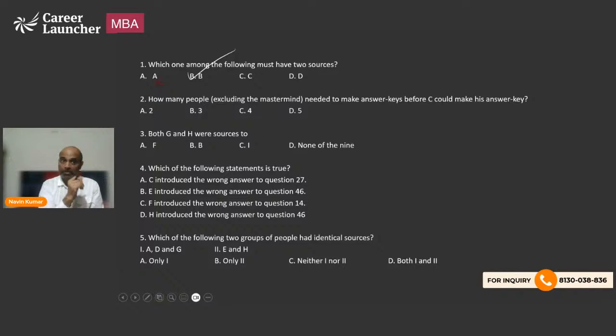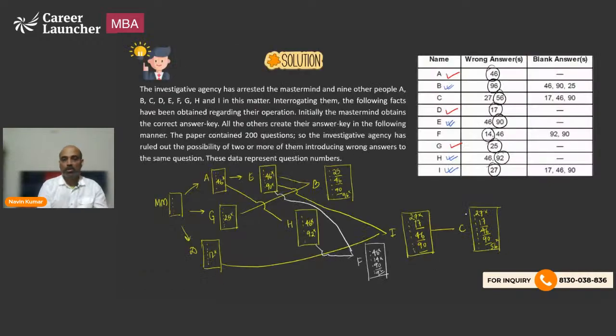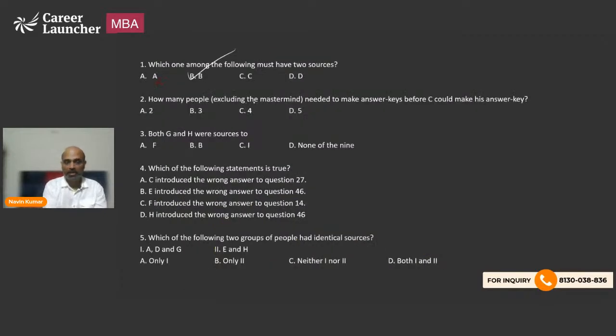Next, how many people, excluding the mastermind, needed to make answer keys before C could make his answer key? So before C can make his answer key, I should make. Now I can only make an answer key before E and D can make. And E can only make an answer key when A does. A and D both will be able to make the answer key when mastermind did. But we need to exclude the mastermind.